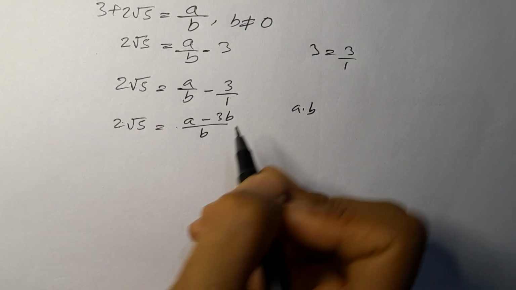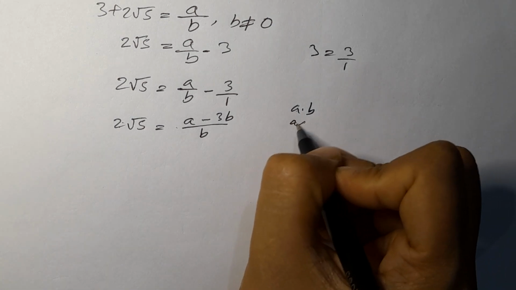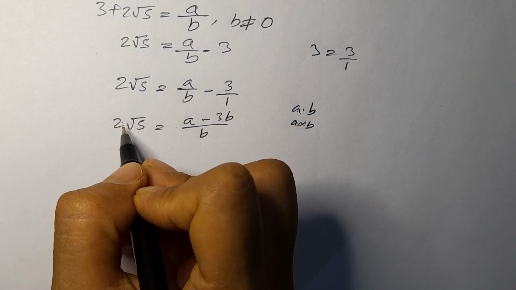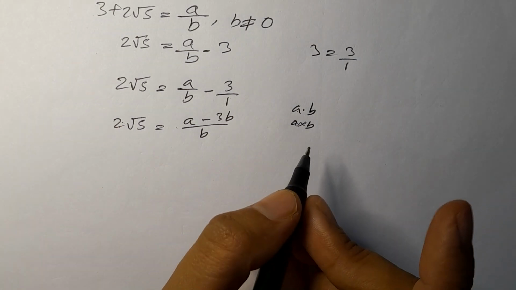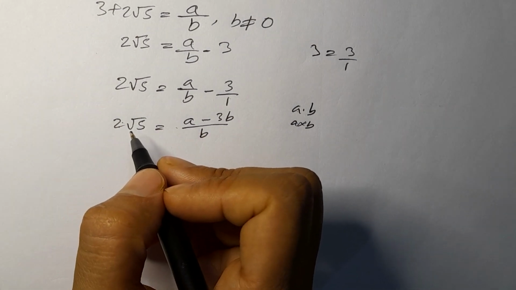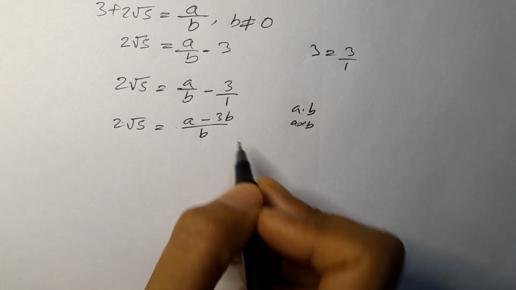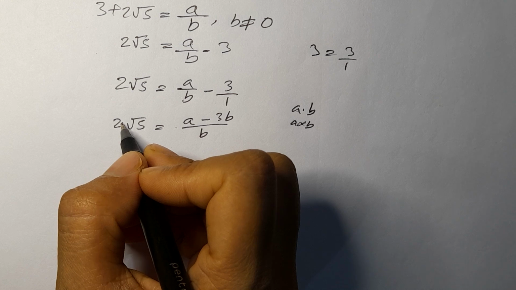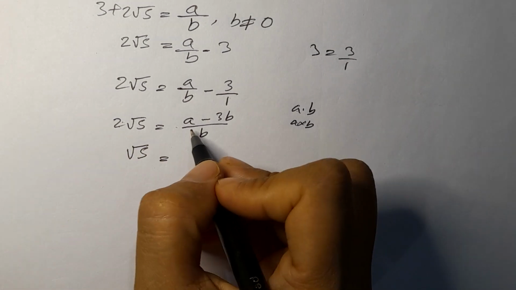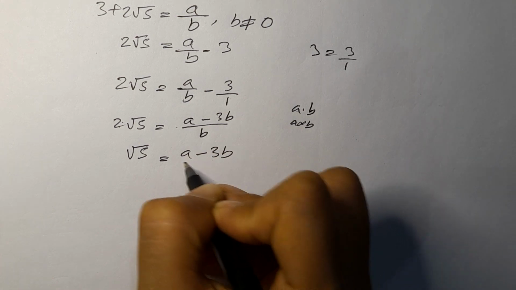When nothing is between two terms, that is multiplication. Multiplication, when it goes to the other side, gives division, the opposite, the reciprocal. So it goes to the denominator, and root 5 equals a minus 3b divided by b, divided by 2.